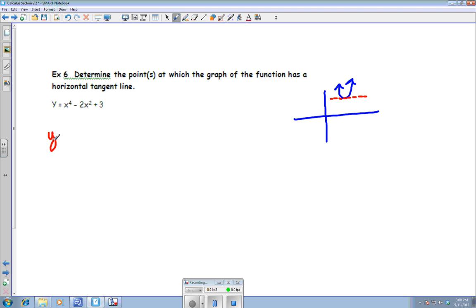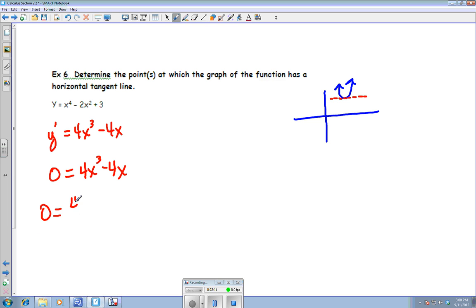So let's find the derivative first. That's going to be 4x cubed minus 4x. There's the equation of the slope of the tangent line. So now I want to know, where is that 0? So I'm going to set that equal to 0, and now I'm going to solve that.